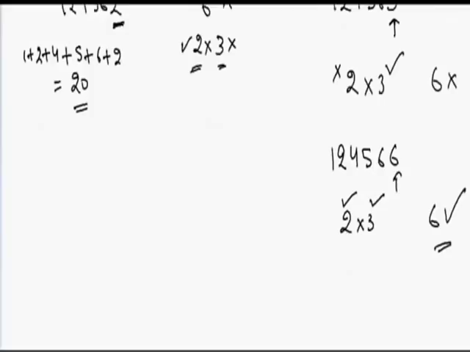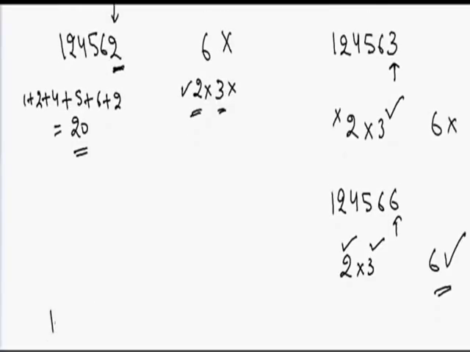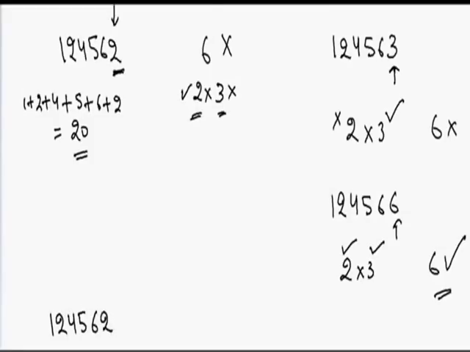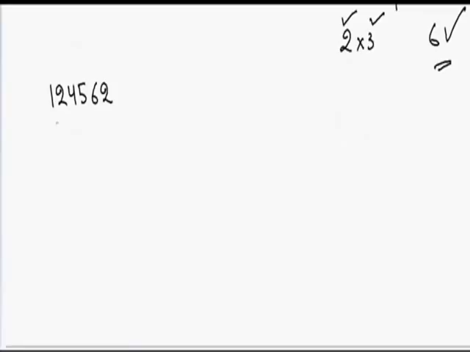Now let's go for 8. So now we have 1 2 4 5 6 2, and we want to find out whether this number is divisible by 8. In that case, we'll take the last 3 digits and see if 562 is divisible by 8. If we divide it by 8, I can see that we get 7 and then something which is not divisible by 8.